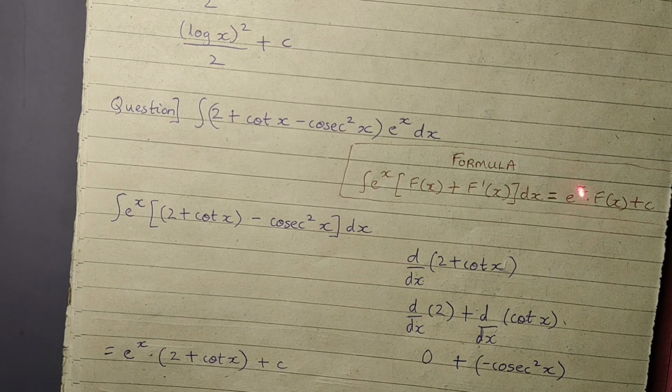Due to this corollary, you have solved these steps in two steps itself. So f of x is 2 plus cot x, you have to put it in bracket plus the constant c. So this is the final answer: e raised to x into 2 plus cot x bracket close plus the constant c.